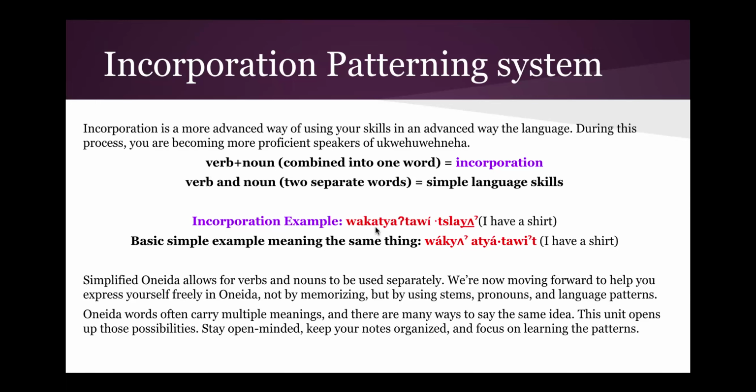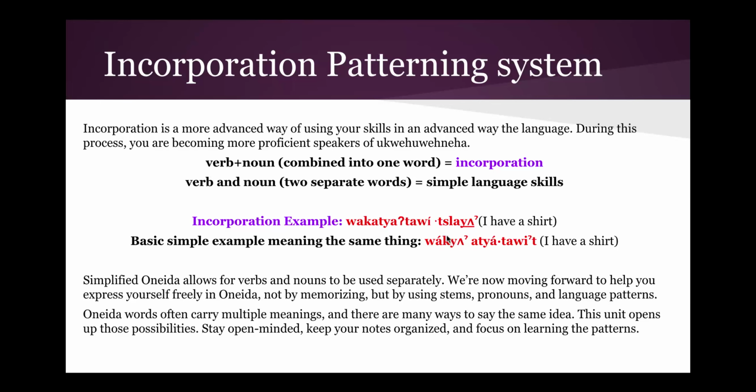And so that's important to notice and take note of, because when you look at this verb root with just this y caret, like down here when we don't have noun incorporation, this is a different pronoun.